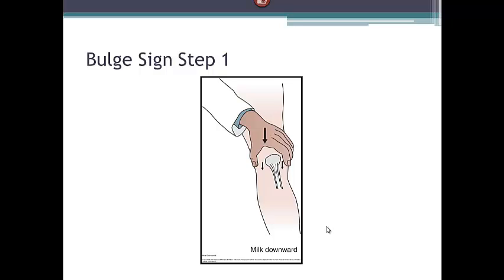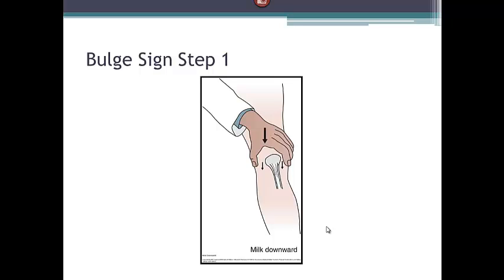So again, the test for knee joint effusion is the bulge sign. It's performed by pressing the fluid out of the suprapatellar pouch down behind the patella. So start about 10 to 15 centimeters above the patella and slide your index finger and thumb firmly downward along the side of the femur, milking the fluid into the space between the patella and the femur.